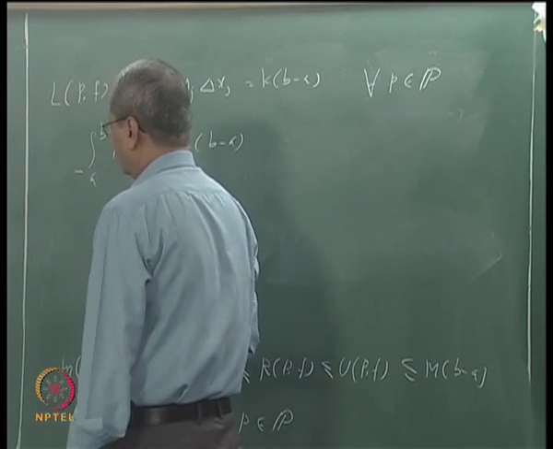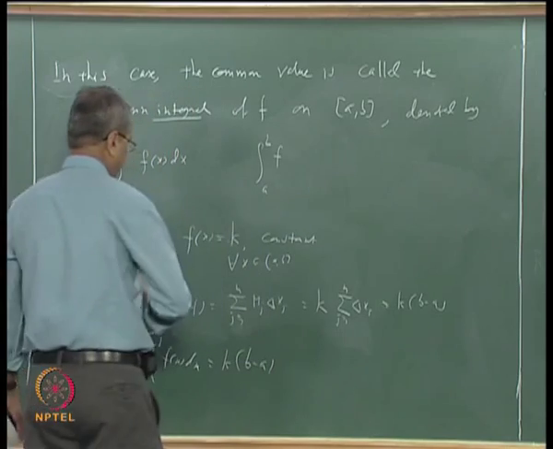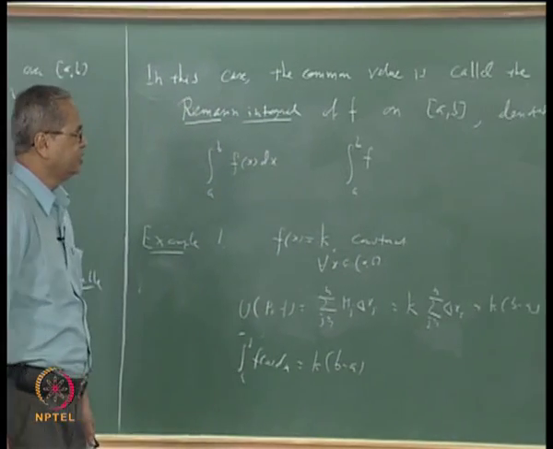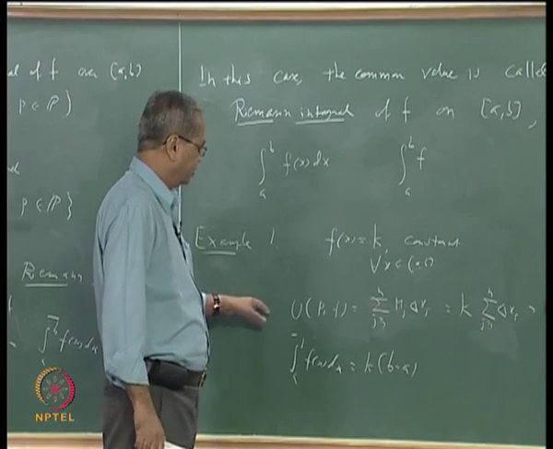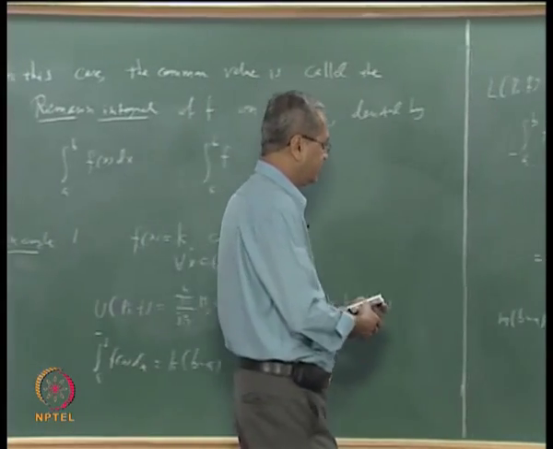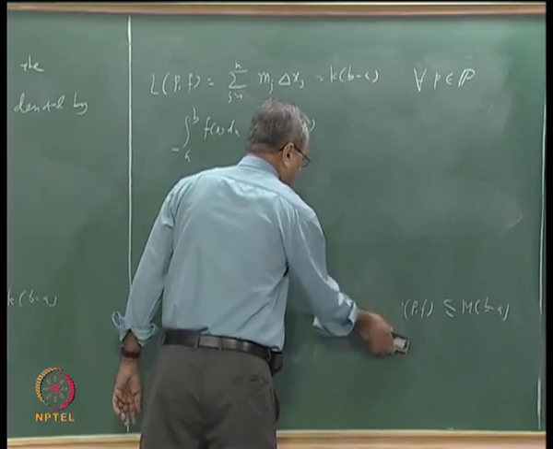Since the upper and lower integrals coincide, this function is Riemann integrable and its integral is k times (b minus a). This is of course a trivial example, but our idea here is just to explain the definition.